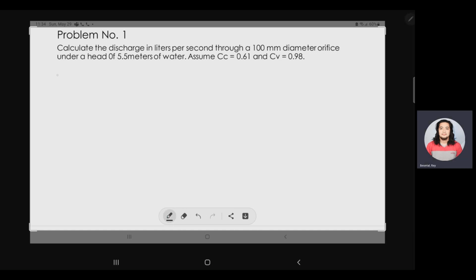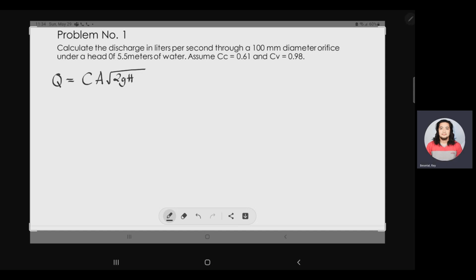So, yung ating discharge, ang kanyang equation formula in terms of orifice is yung ating discharge equals coefficient of discharge times area ng ating opening times square root of 2GH. Okay.